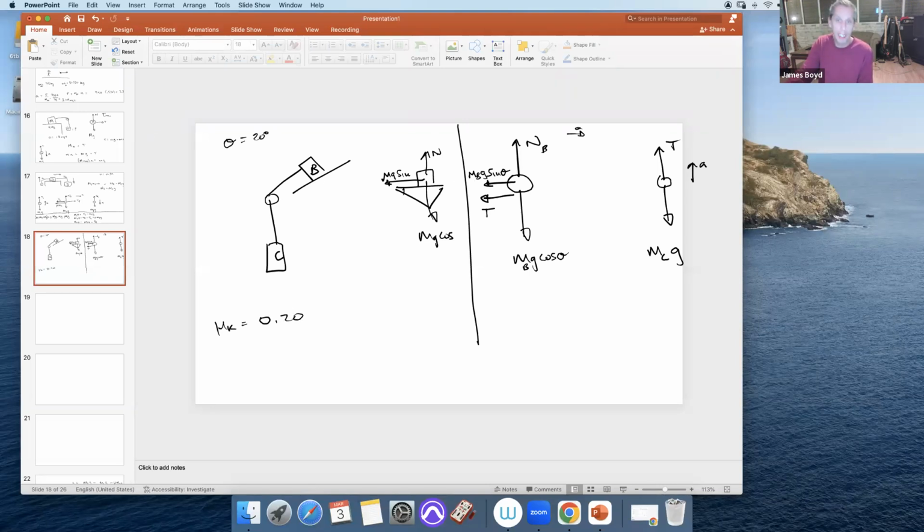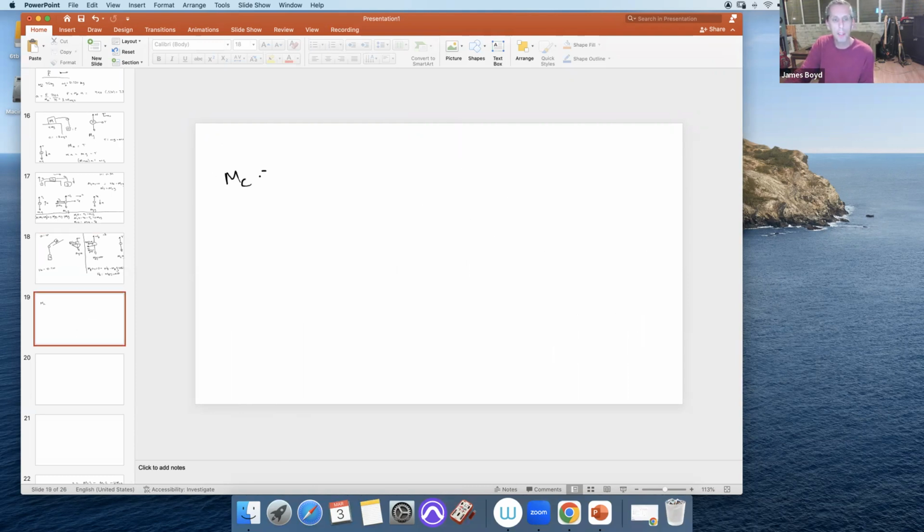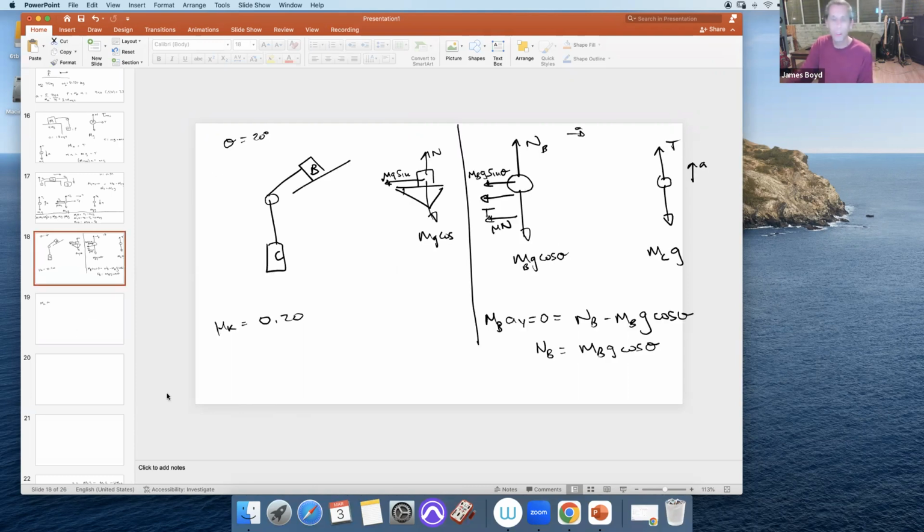So since the book is sliding upward, my friction is mu n. But here, m book a y is 0, is n b minus m b g cos theta. So the normal force on the book is m b g cos. Now looking at my two equations, m of the cup a is going to be upward.